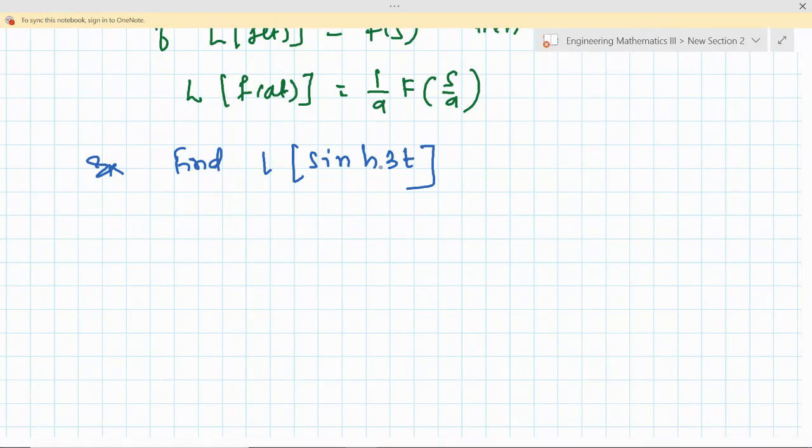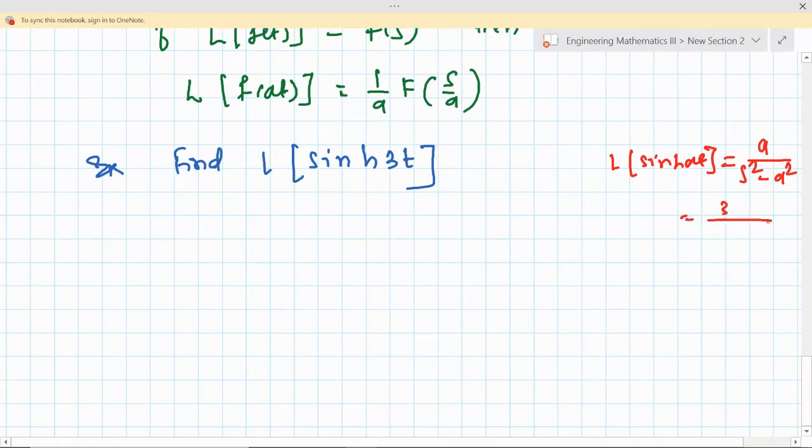There is a standard result for this, where a is nothing but 3, but we can also find it with the help of the change of scale property. We have the Laplace of sinh at equal to a upon s square minus a square, and therefore this is nothing but 3 upon s square minus 9. This is the answer.